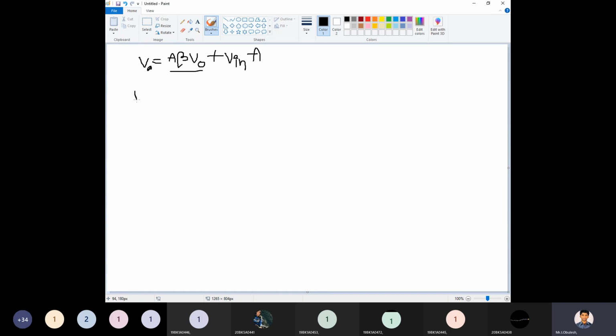Then we will get V naught minus A beta V naught is equal to V in into A. See, you need to take V naught common here. Then V naught into 1 minus A beta is equal to A into V in.